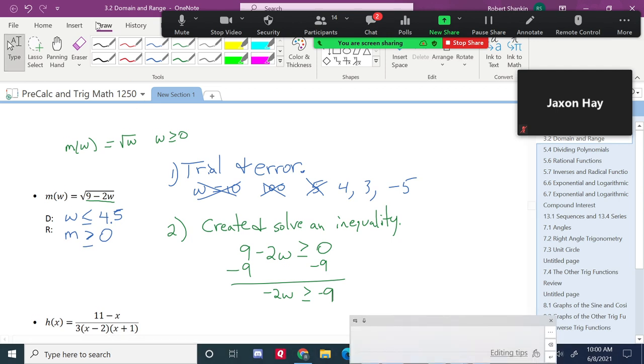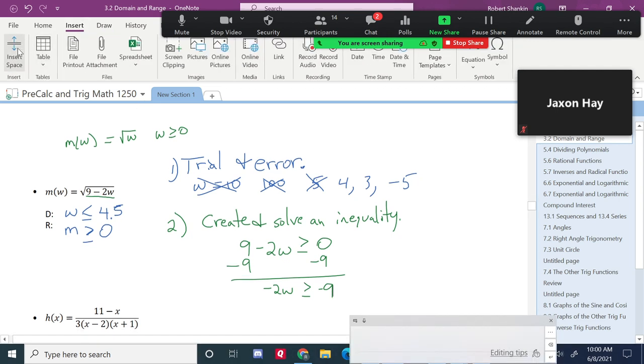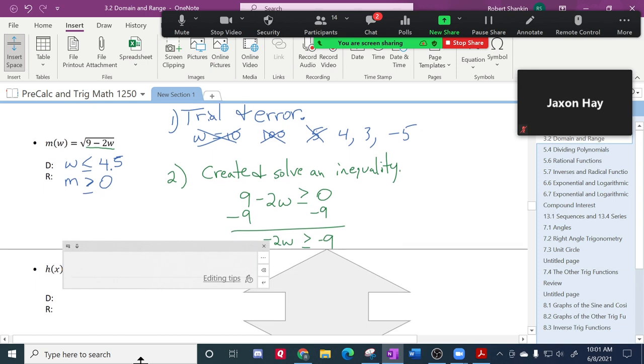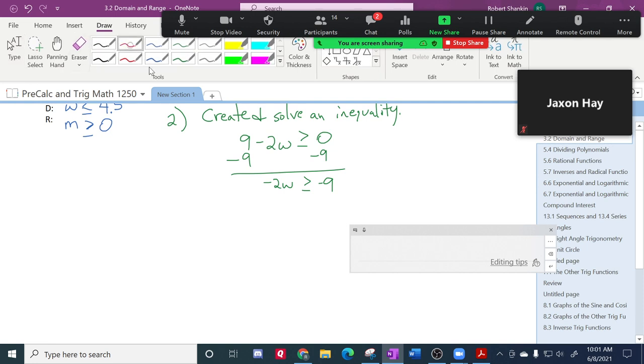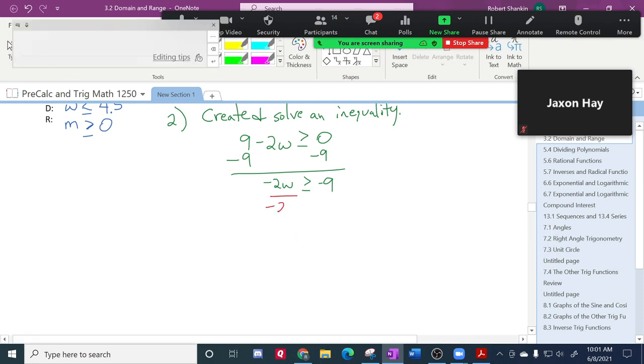So let me get some more space here. Now, we had seen that when you divide or multiply both sides of an inequality by a negative number, you must reverse this sign.